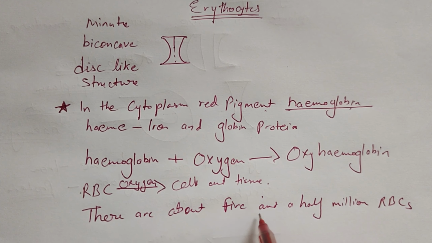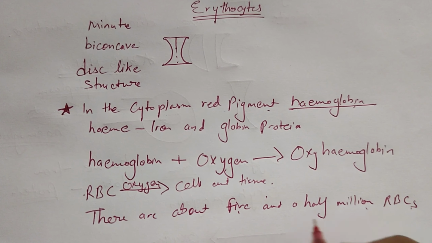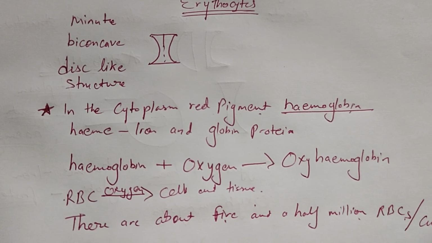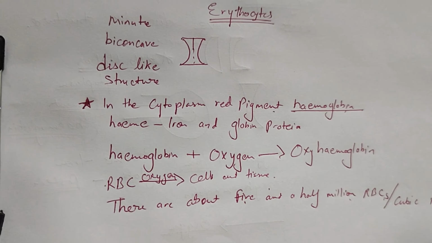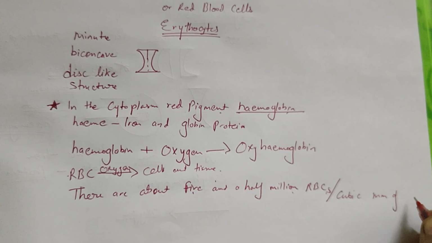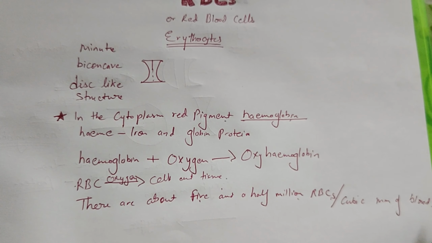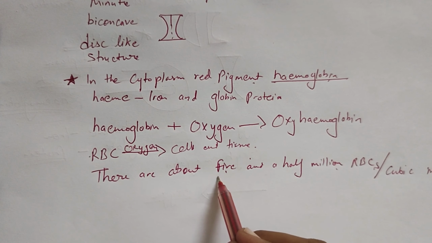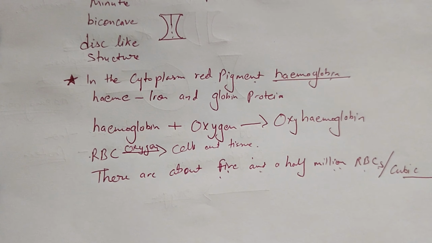There are 5 to 5.5 million RBCs per cubic mm of blood. Okay, there are 5.5 million cells per cubic mm of blood.